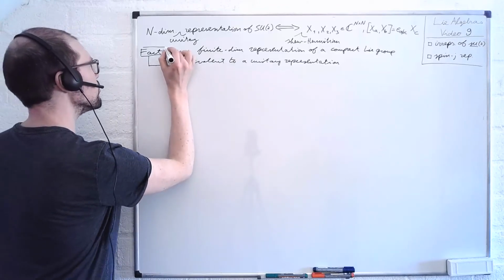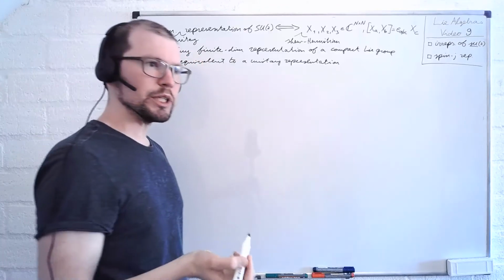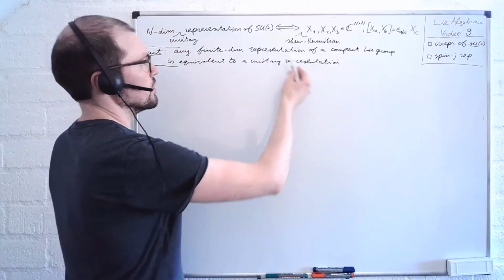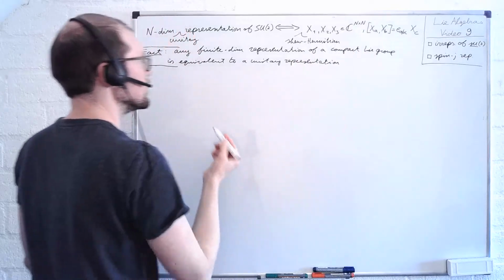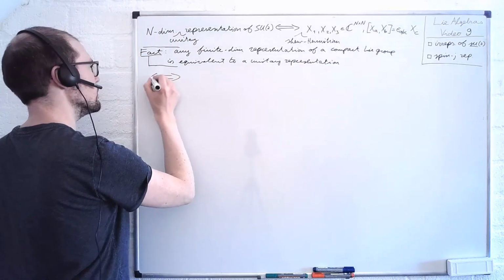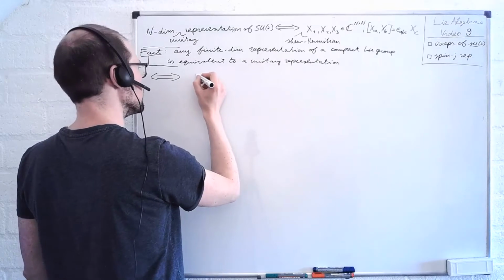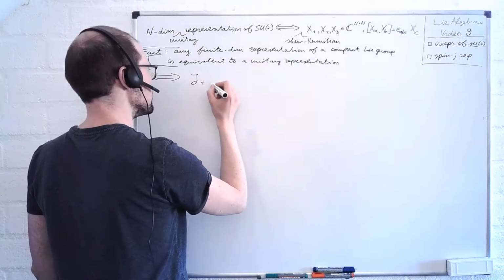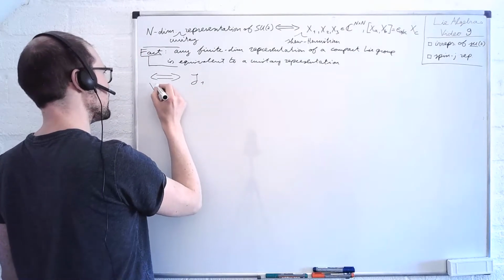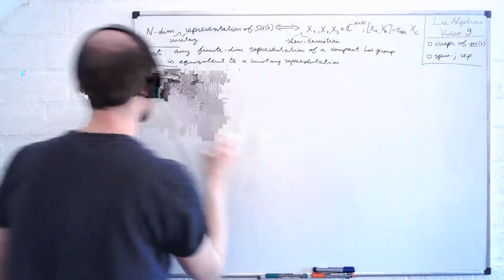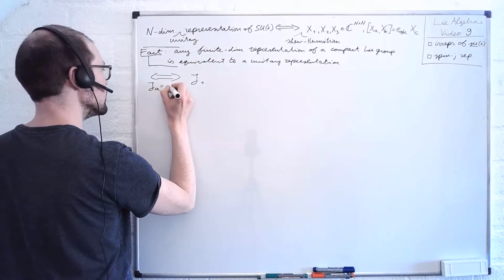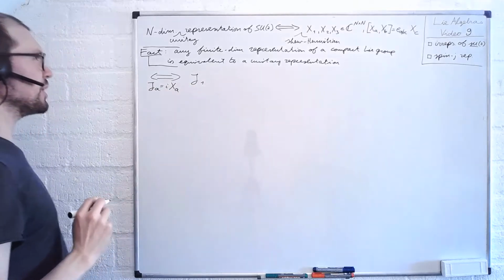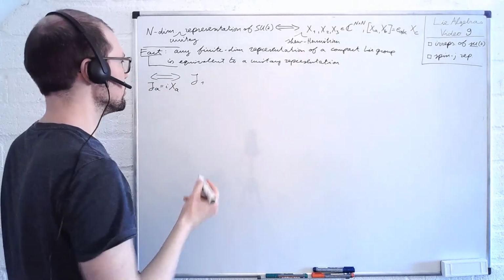Now we're a bit more used to working with Hermitian matrices, so it's of course easy to see that we may as well look at Hermitian matrices. So let's say we define J_a to be an i multiple of the skew Hermitian matrices.